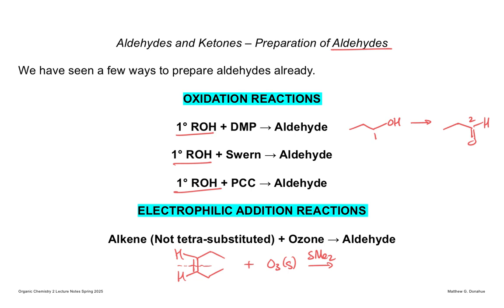Each of those then gets an oxygen that's double bonded. So in this case, we would end up with 2 equivalents of the 3-carbon aldehyde. So that's 4 reactions to make an aldehyde.